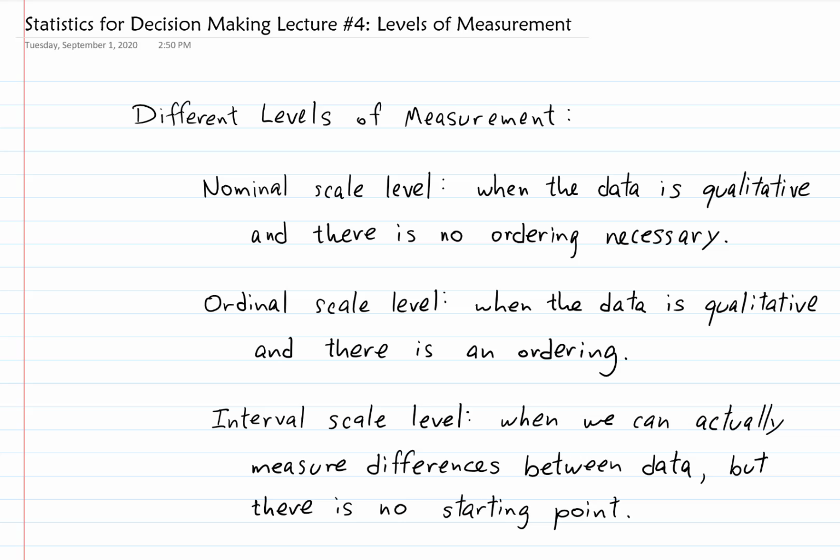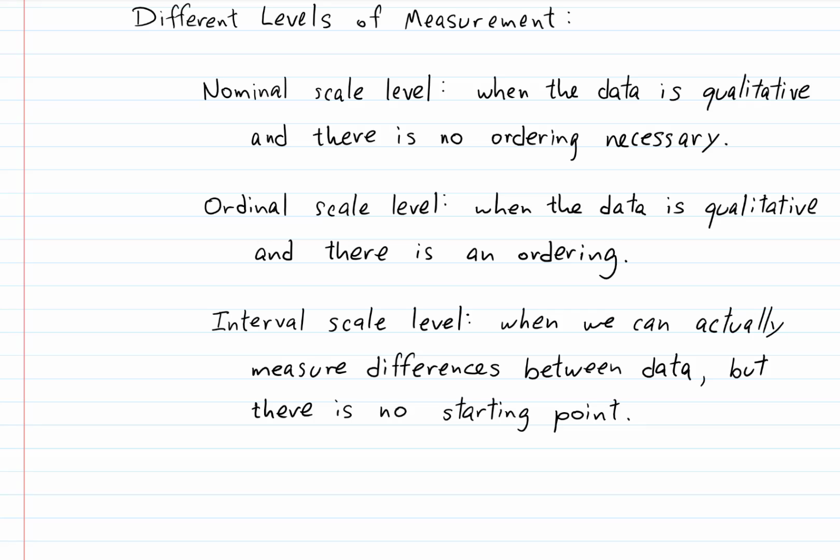It can be very confusing, I know, and that's because you're trained to think of 0 as being the starting point. But that's not always the case, and for temperature scales, 0 is not the starting point because you can go lower. All right? And so we have the 4th kind of measurement scale, which is ratio scale level.